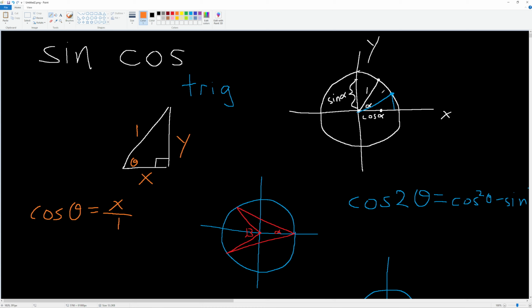But more generally speaking, we can choose not necessarily 1, it can be anything. It can be r or whatever. The idea is that if you scale up this triangle, we can make bigger triangles. We could draw it out this way, like this. There's a bigger triangle.